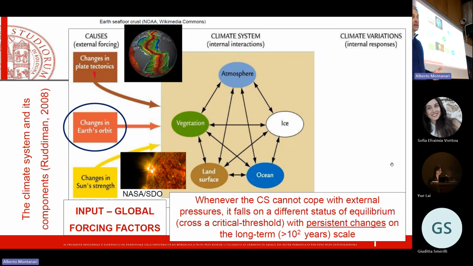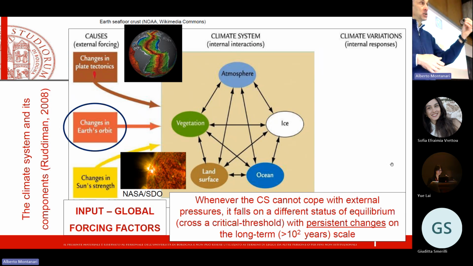And then there is another possible explanation: changes in the Earth's orbit. Because it is proved that, for instance, for the collapse of asteroids, if a planet changes the features of its orbit, this has a strong effect on the exposure of the planet to the sun's energy, and therefore on the distribution of the sun's radiation over the Earth.